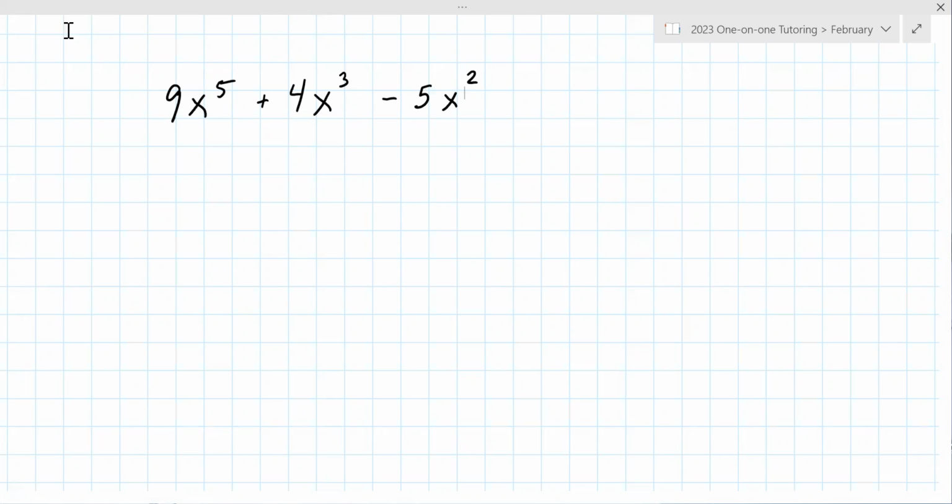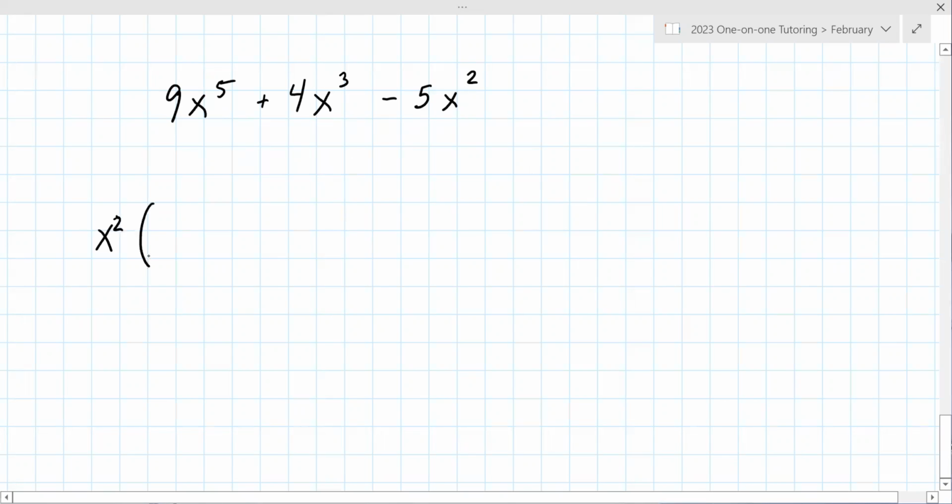Oh, yes, there's an x. So for GCF, you're looking for either a number, like you look at all three numbers. This does not have a common factor here on these, but x does. What is the lowest degree exponent? X squared. So you're going to write an x squared on the outside here, and you're going to divide each of these by x squared.